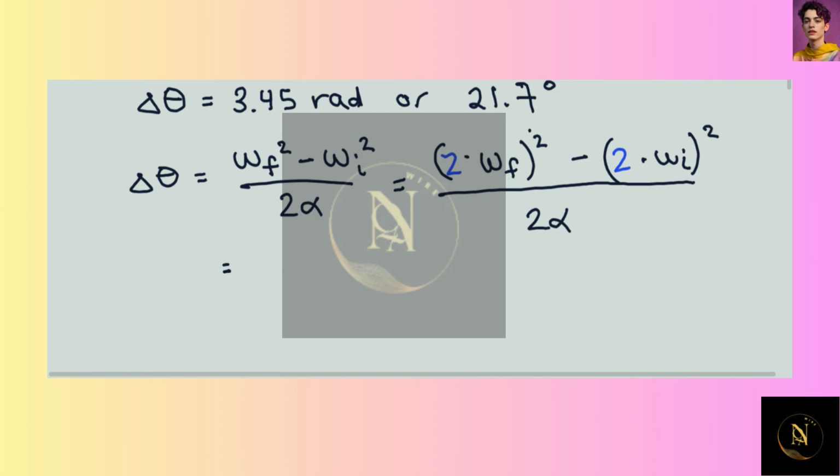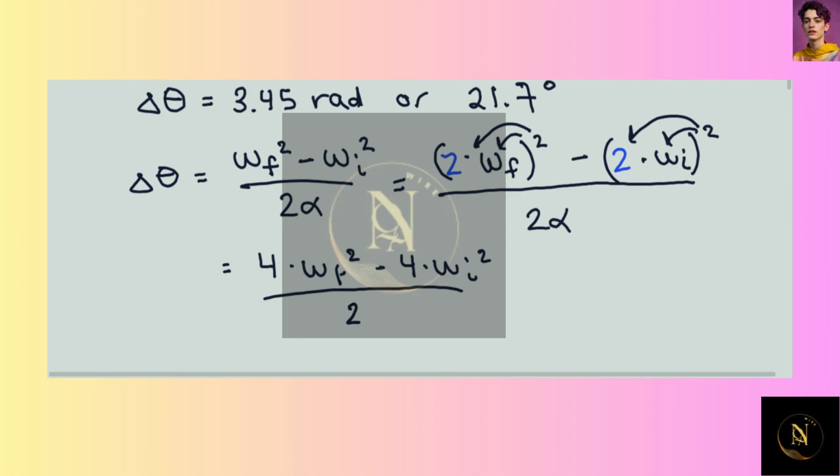So then this squared goes on both the 2 and the velocities. So don't forget that. We find 4 times omega f squared minus 4 times omega i squared over 2 alpha.